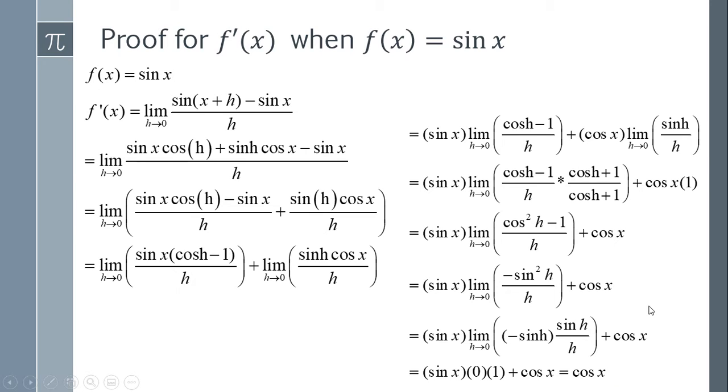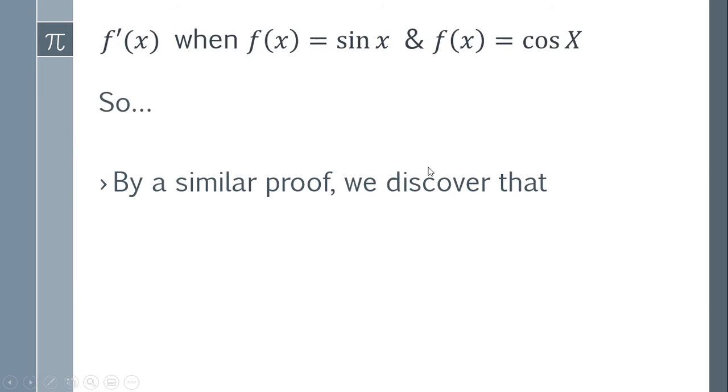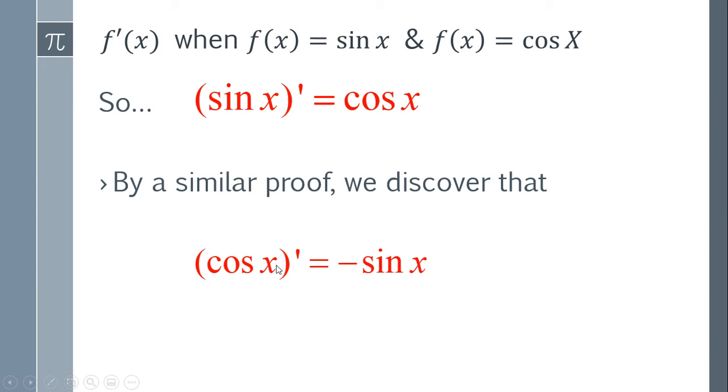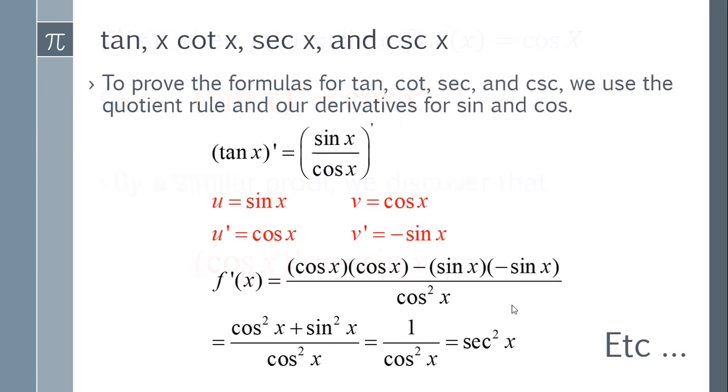Well, not all the trig functions are quite that nice when they finish, right? Sine of x prime is equal to cosine of x. So we know that, but they're not all this nice and neat. Cosine of x, the derivative of that, turns out to be negative sine of x. And we could go through a long proof if we wanted to.